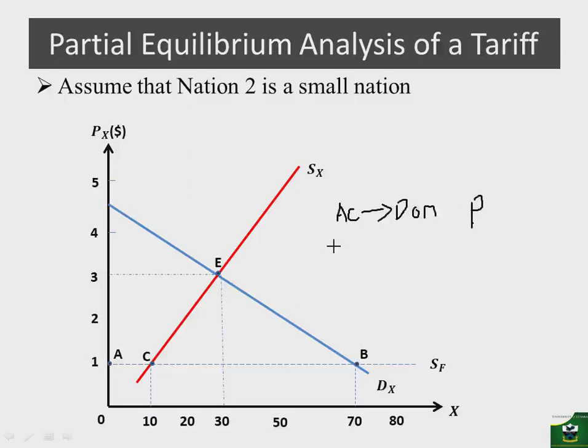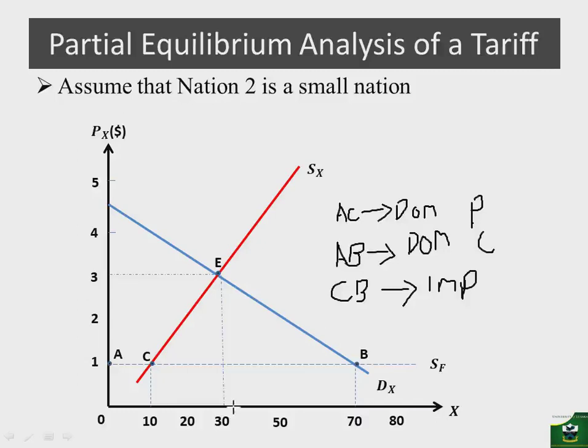Then we have AB, which is domestic consumption. And the distance from C to B is the import. Sorry, I'm struggling because I'm using the cursor to do my drawings here. So distance from C to B is the import.